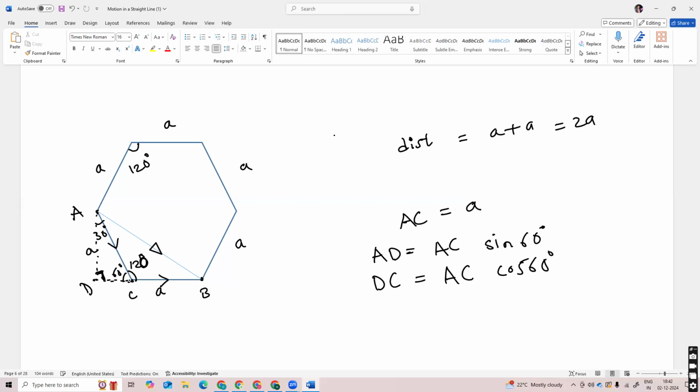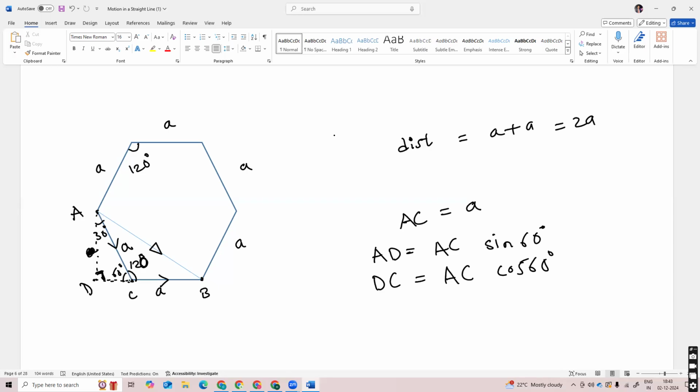I will just erase this. A is the length of the side of this hexagon, so AC is A. Since this angle is 60 degrees, AD is AC sine 60 and DC is AC cos 60.